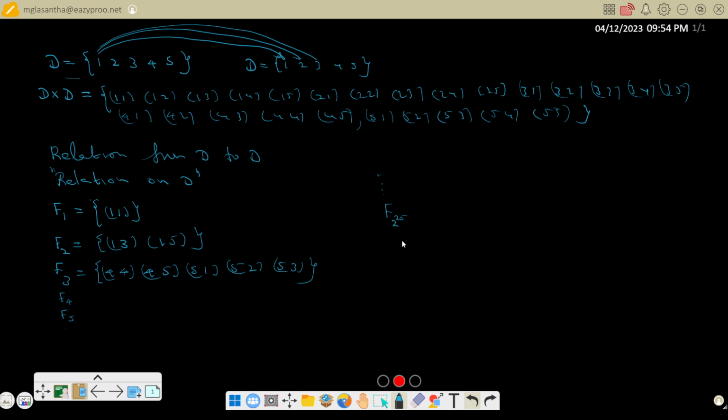So this much relations you can write. What is 2 to the power of 25? Can you find it?